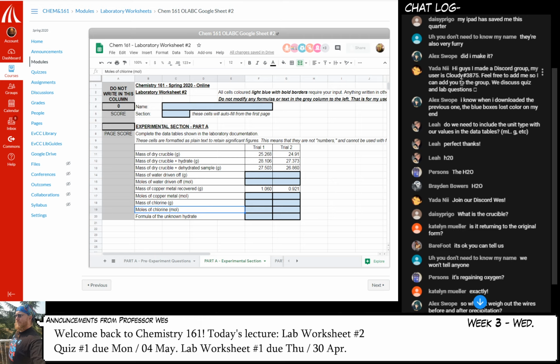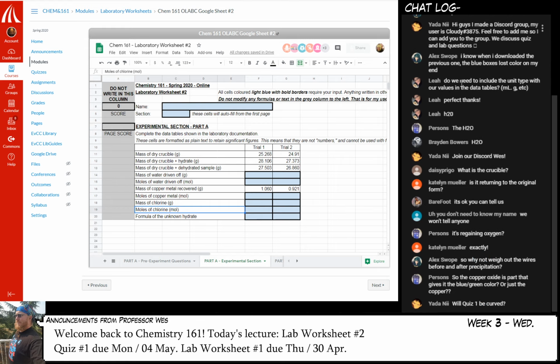And 2, it doesn't cross-post to the discussion board, so I won't see it. Because 3, I can't join your Discord group because I have to give you a safe space that you can complain about me, how I'm such a jerk that assigns too much homework or whatever. Let's see here. I got the unit type, I believe.